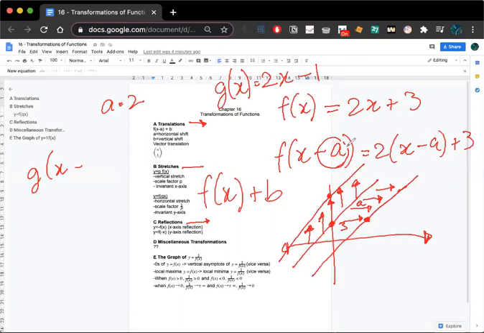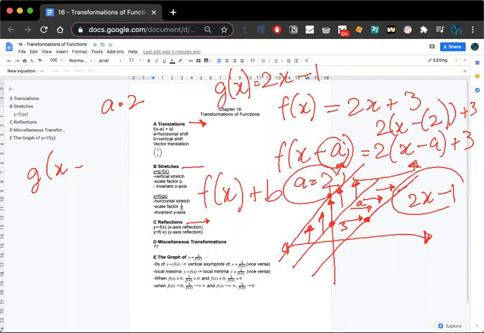Okay, so you insert a as 2 here, and then you insert it here. So 2x minus, a becomes 2, plus 3. If you multiply, it becomes 2x minus 1. Yes, you're correct about that. So if a is equal to 2, it can be rewritten from this formula into this equation.